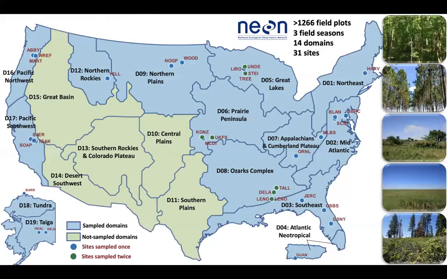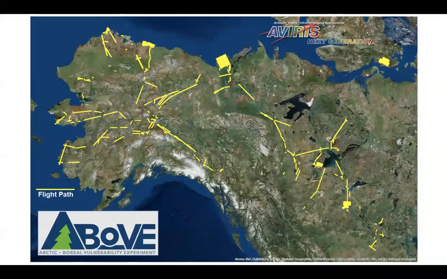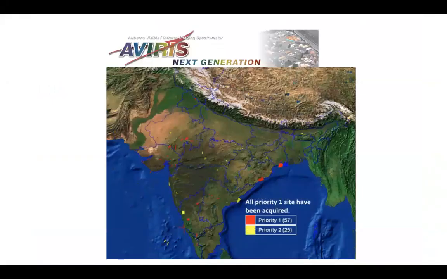NEON has a few sites in Alaska, but basically everywhere that AVIRIS has flown, which are all of these yellow boxes, we want to be able to look at trait maps. Now, there's not a lot of species diversity in the Arctic Boreal zone, but there is a lot of functional diversity that's associated with hydrology, soils, global change, et cetera.